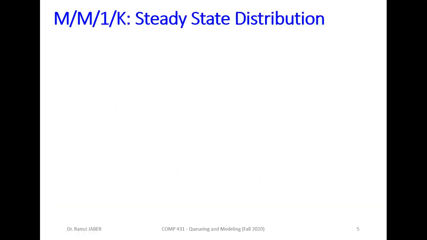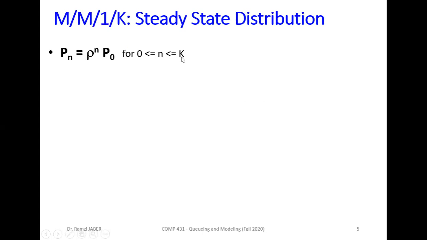In MM1K steady state distribution, like MM1, Pn equals rho to the n times P0. But this time, n is limited from 0 to K, not to infinity. That's the difference between MM1K and MM1. The same formula, but here it's limited.